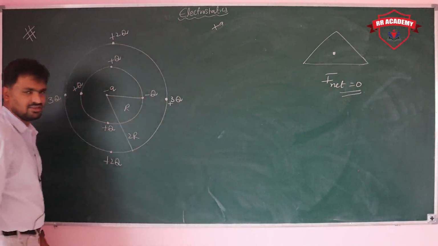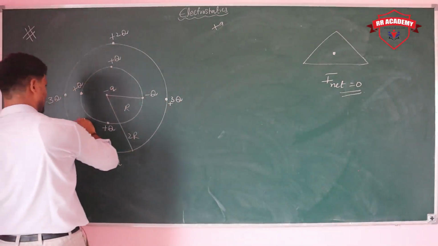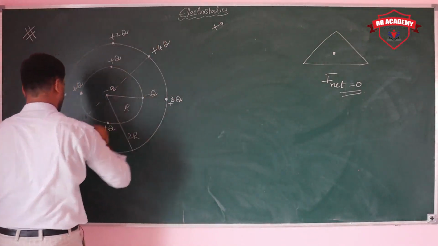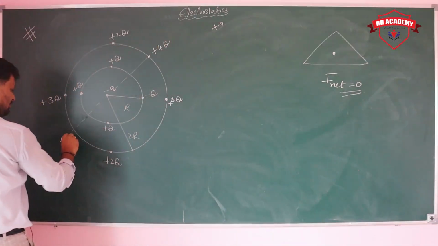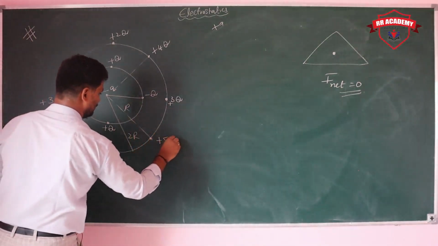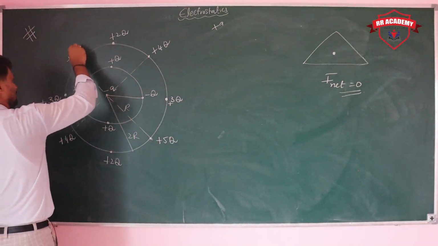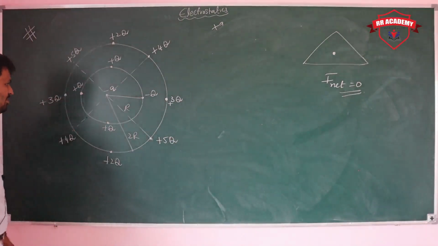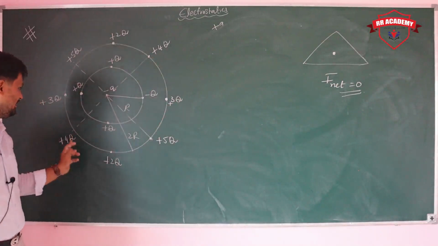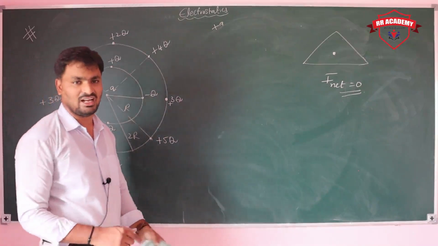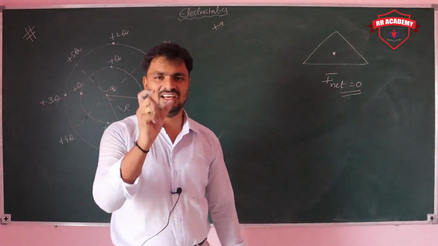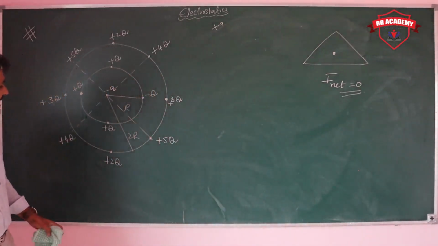And one more, diagonally like this: here plus 4Q, here also plus 4Q, and here plus 5Q, here plus 5Q. How many charges? 1, 2, 3, 4, 5, 6, 7, 8, 9, 10, 11, 12. 12 charges are placed at different places of the circles, and there is a negative charge placed at the center.